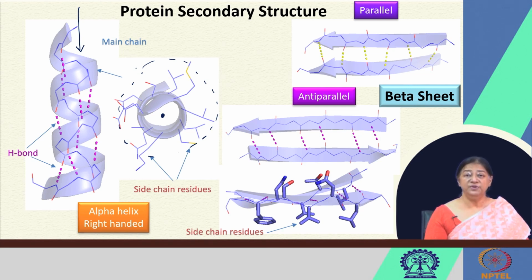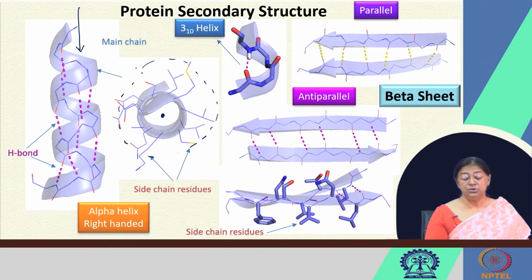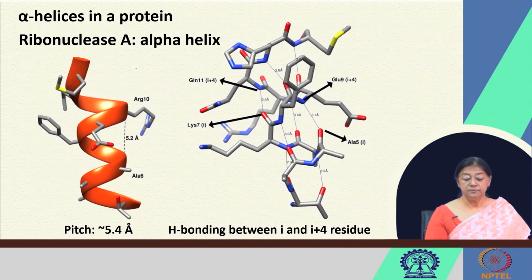The common feature of the alpha helix and the beta sheet is that they have hydrogen bonding interactions that hold the helix the way it is, or the strands, be it parallel or anti-parallel. Another type of helix that also can be formed is the 3-10 helix. We will look at these specific types of helices in a moment.